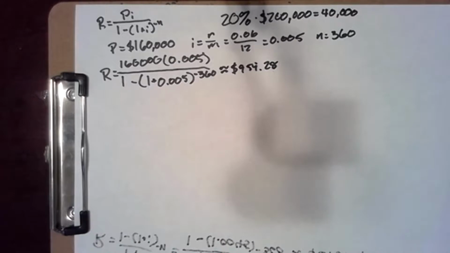After 120 monthly payments have been made, the outstanding principal is given by the sum of the present values of the remaining installments. That is 360 minus 120 equals 240 installments.